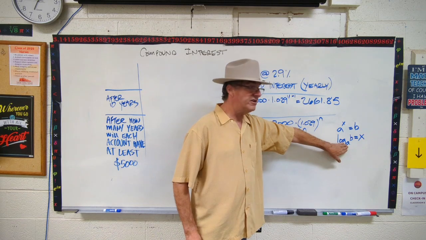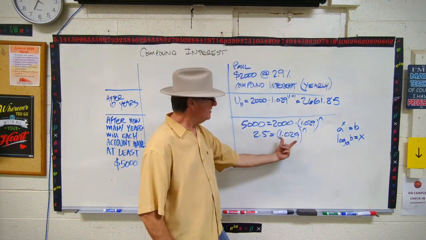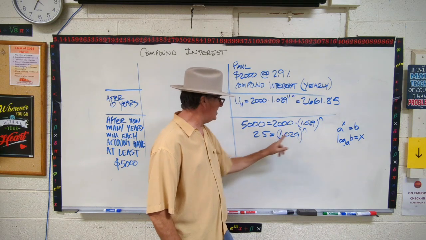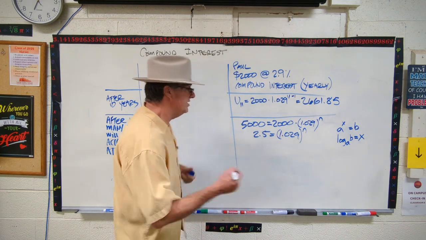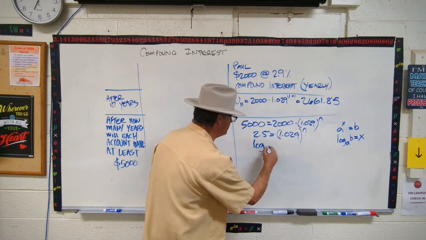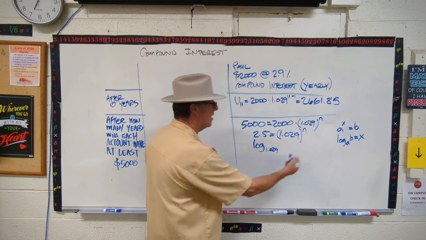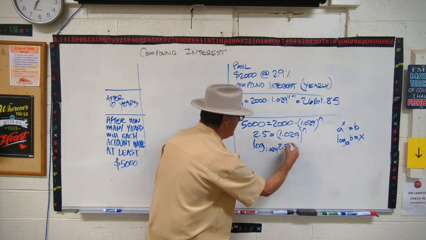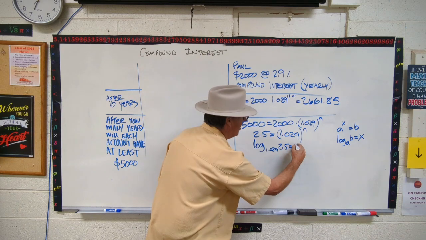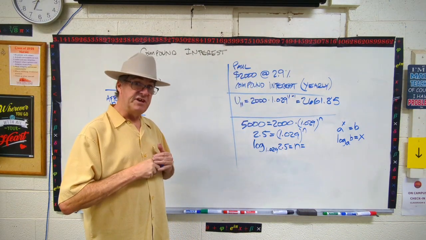You can put that into calculator and it will spit out x. So in this case, here's our a to the x and our b. So now we're going to do log base a, which is 1.029, of our b, which is 2.5. That's going to equal our n. So go ahead and put that in your calculator and see what you get.